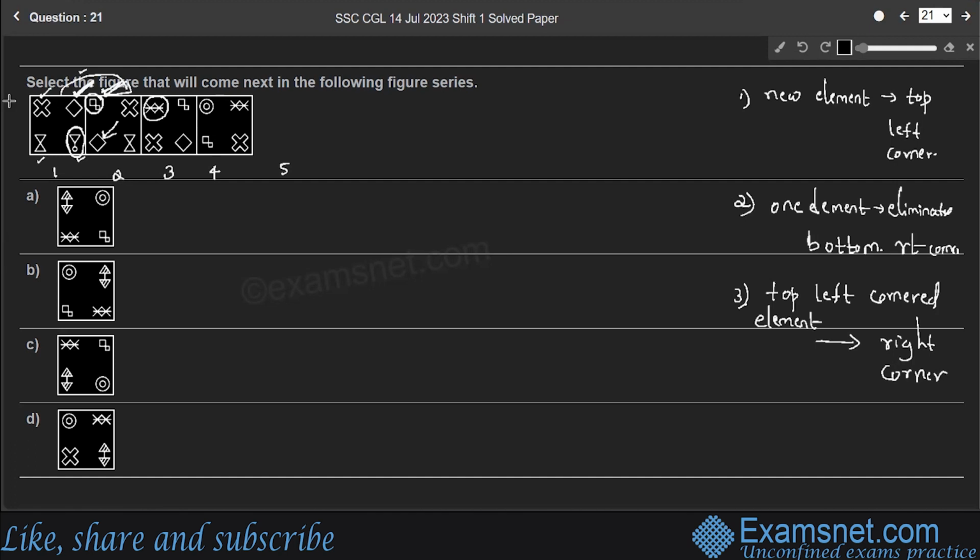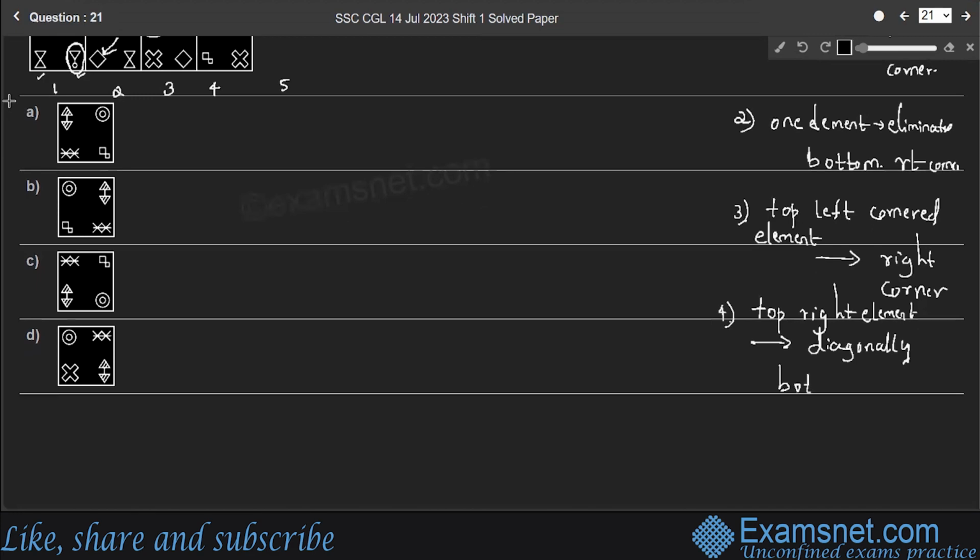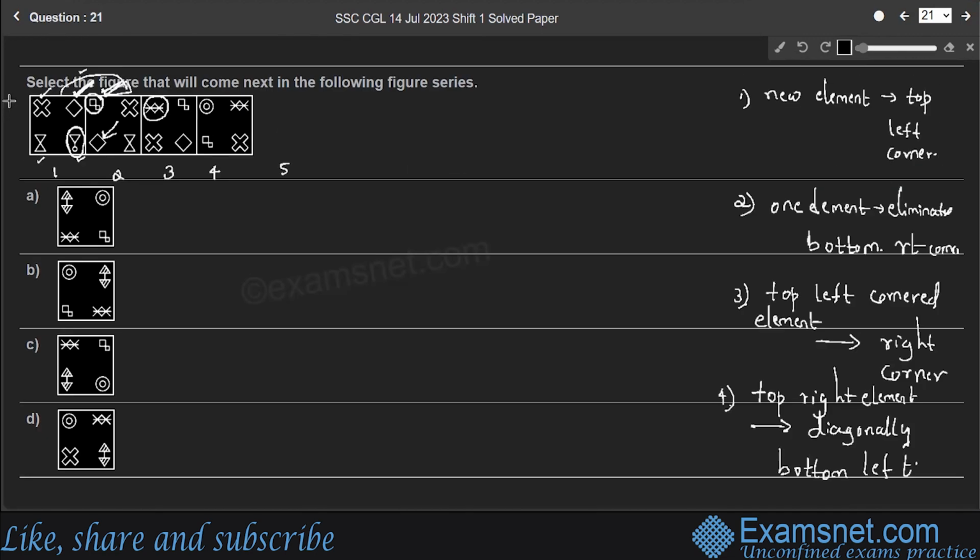Therefore, in the fourth step, the top right element will be shifted diagonally to the bottom left. So in place of the eliminated element, in the first figure, there comes its previous element, which was the bottom left element.